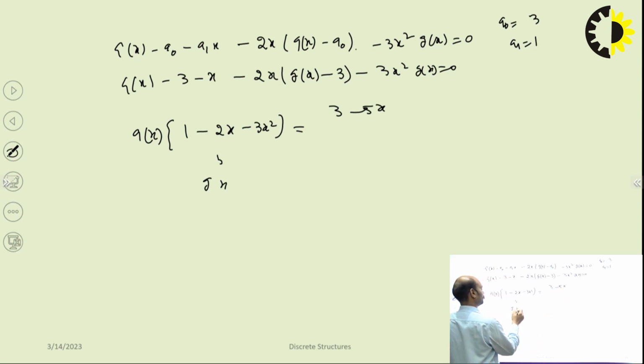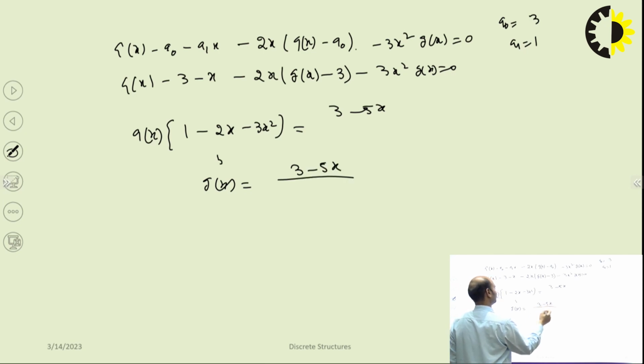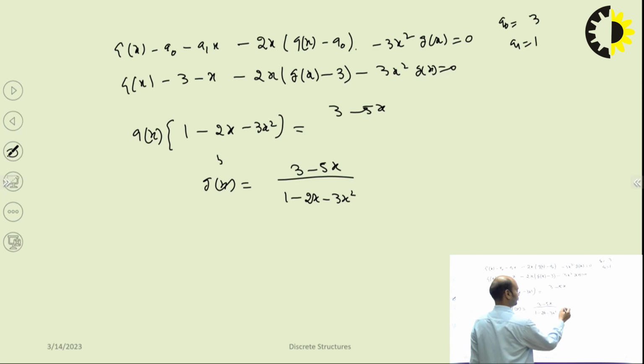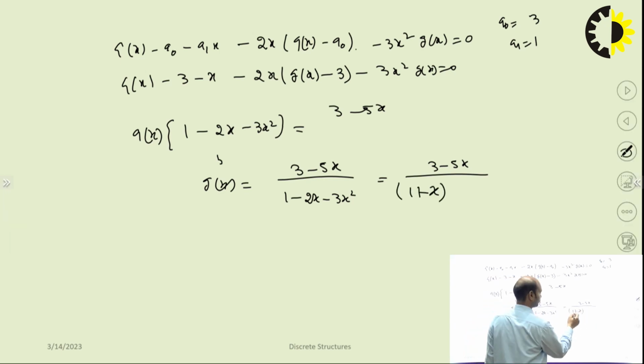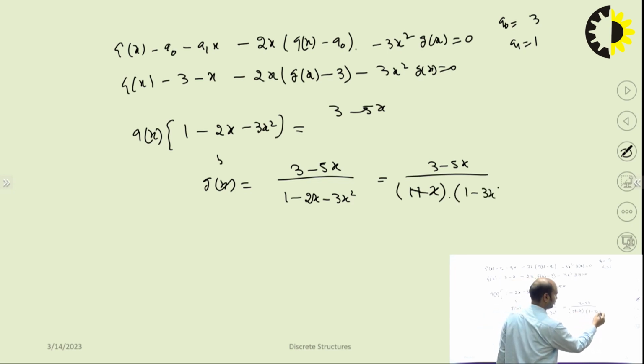So g of x is equal to 3 minus 5x, divided by 1 minus twice x minus 3x square. We can divide this particular equation into two parts, that is equal to 3 minus 5x divided by 1 plus x and 1 minus 3x.